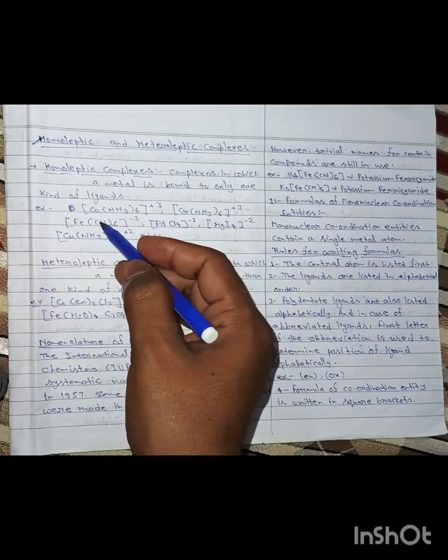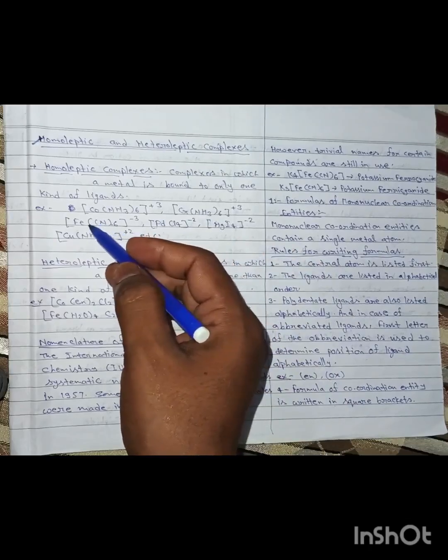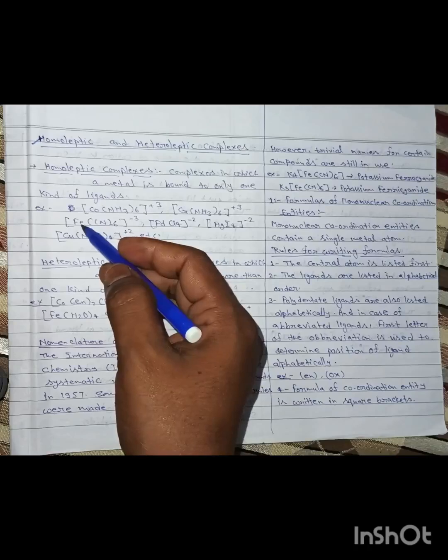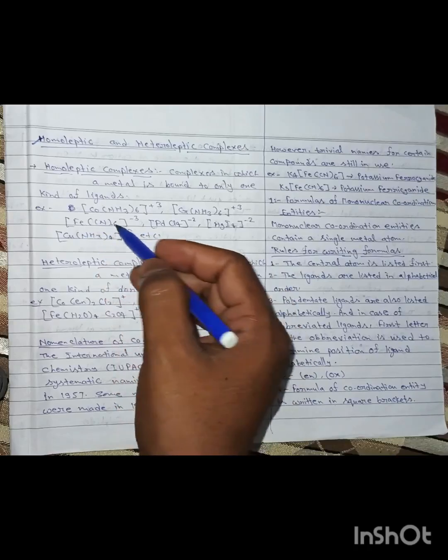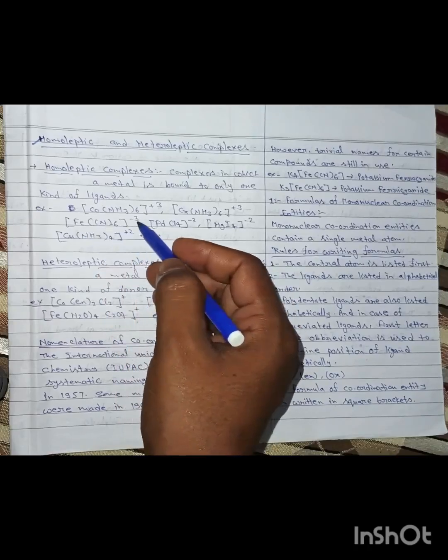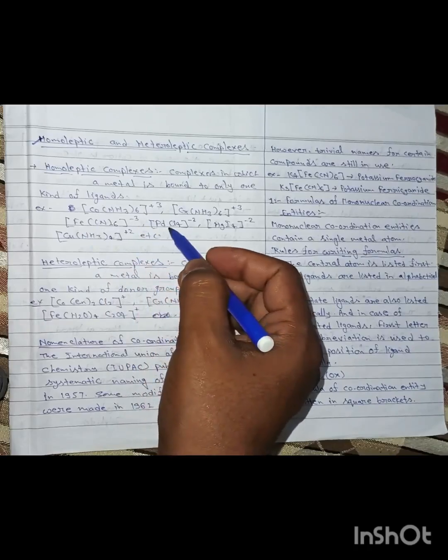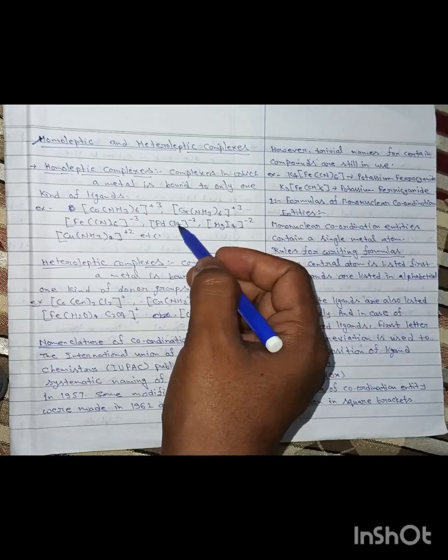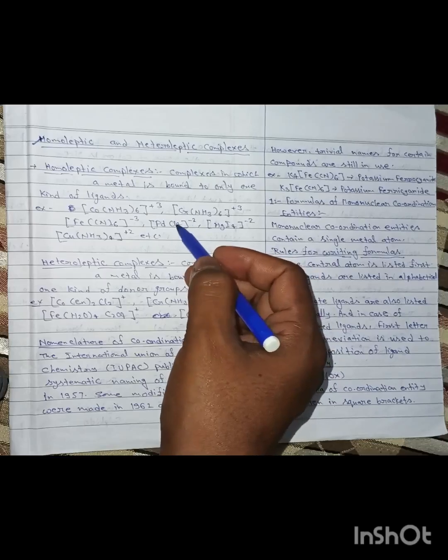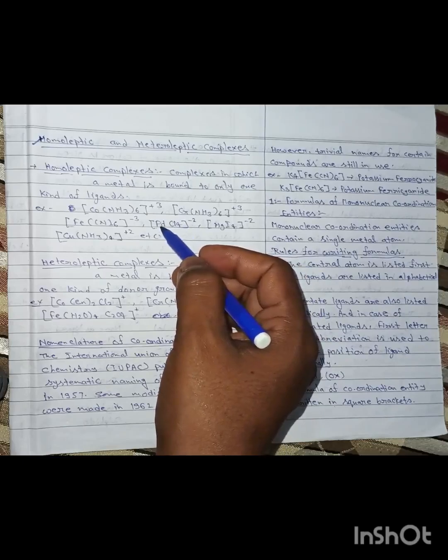Here the cyanide ligands are attached to the iron in [Fe(CN)6]3-. [PdCl4]2-, in which the four Cl ligands are attached to the palladium.